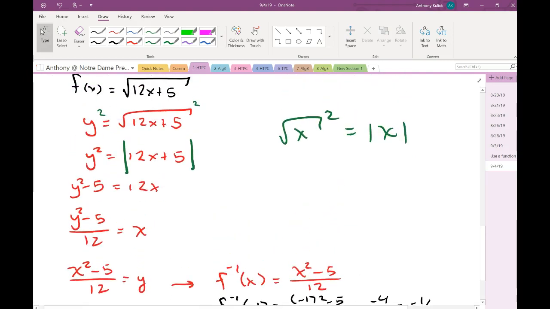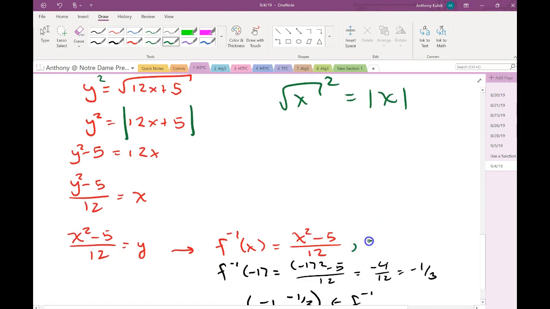When you take the square root of something squared, you're guaranteed to get a positive result, right? The square root of something squared is kind of the definition of an absolute value. So we really have this extra contingency here that the inverse works provided that the x's you're putting in are greater than or equal to 0.